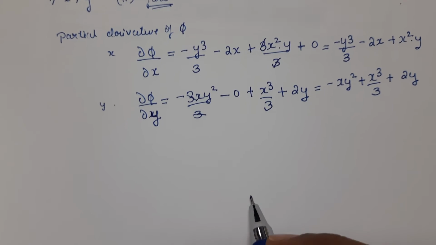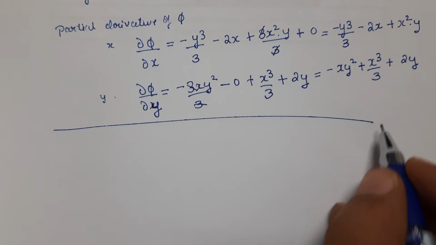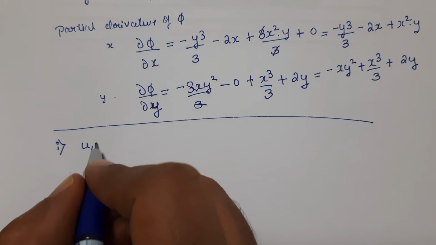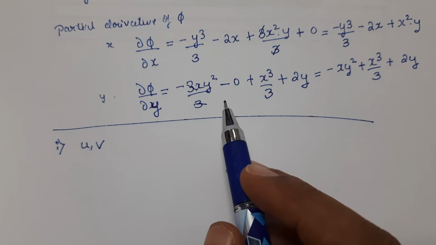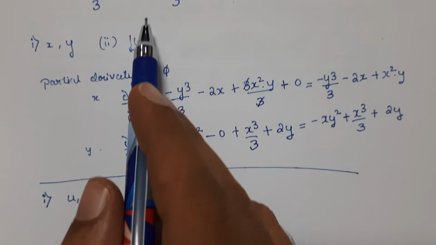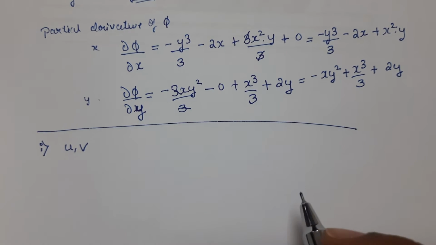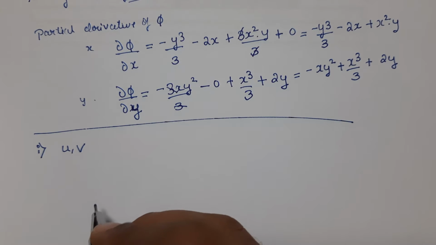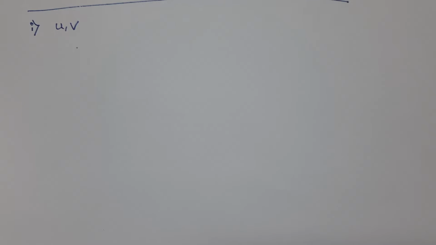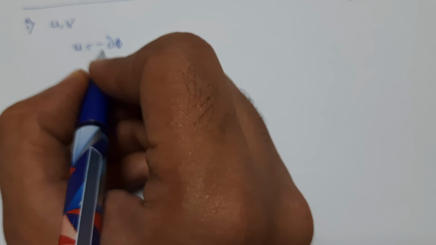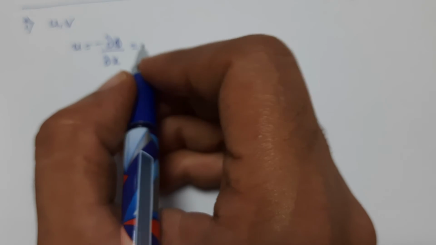Okay, so here we have partially differentiated this equation with respect to x and y. Now to find out the velocity components, u and v. Since there is no function of z here in this particular equation, we're not going to find out the w as well. So u is nothing but minus dou phi by dou x, so it will be minus the equation that we have already differentiated.